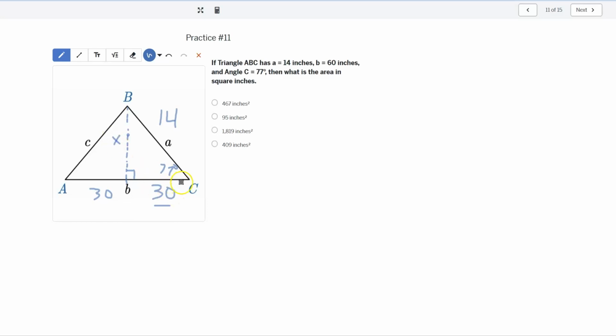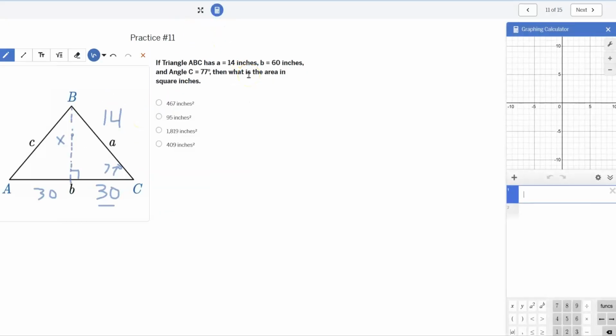So in this case, we probably want to use our tangent. We could actually use either tangent or sine, because we have two of the sides. Or we could use the Pythagorean theorem, really, if we wanted to here. Because we have that information, we could use either. Let's just go ahead and use the trigonometry, since that's what we've been practicing, but keep in mind you could use the Pythagorean theorem. I'm going to use the tangent, because we haven't used that yet.